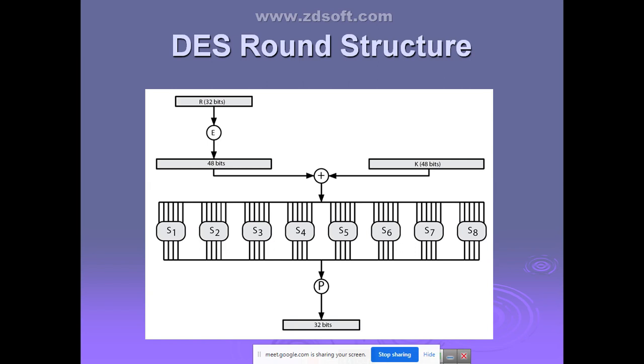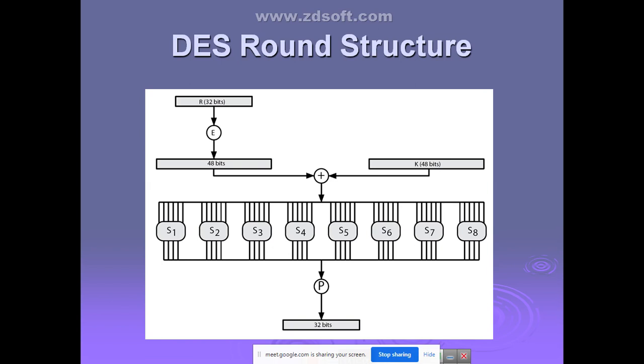Yes. Now see how exactly this S box is going to work. The S is nothing but substitution. This substitution consists of a set of 8 S boxes. Can you see in the diagram? Totally 8 S boxes are there.